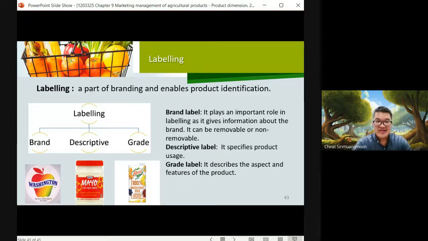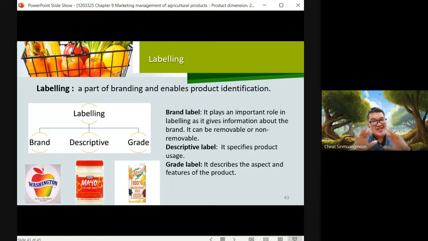Last one, labeling. Labeling is actually part of the branding that presents a product's identity. It is for making the product have a different characteristic, so that is used for branding.